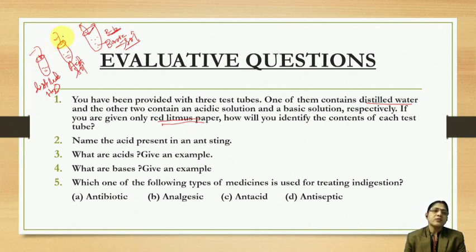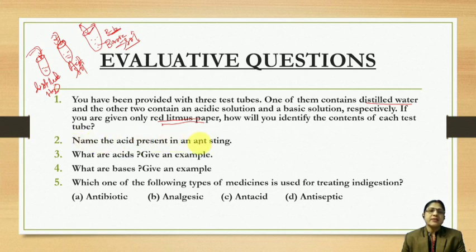So we will dip that blue litmus paper in both test tubes. If there is no color change, then that test tube contains distilled water. If blue litmus paper turns red, then that test tube contains acid solution. Right? Are you clear? Then let us come to question number 2.